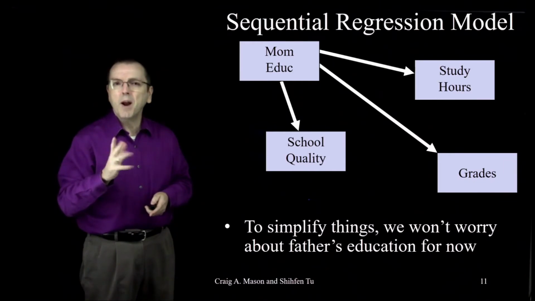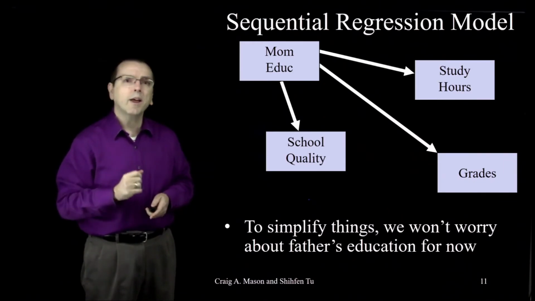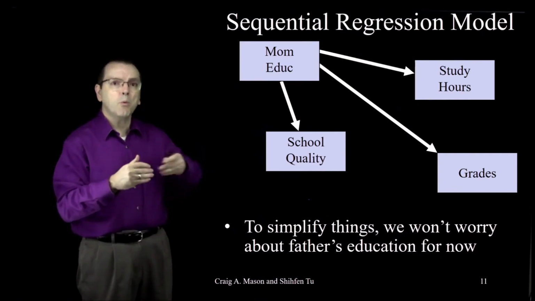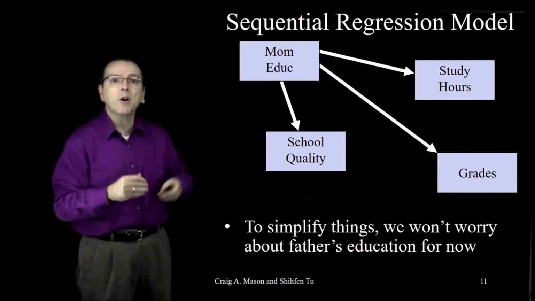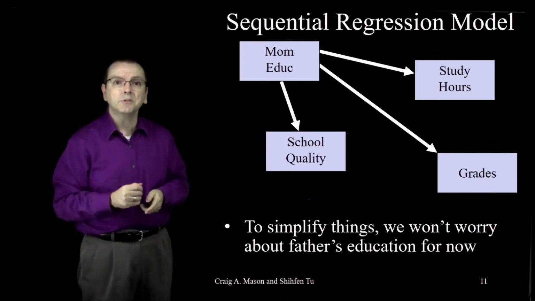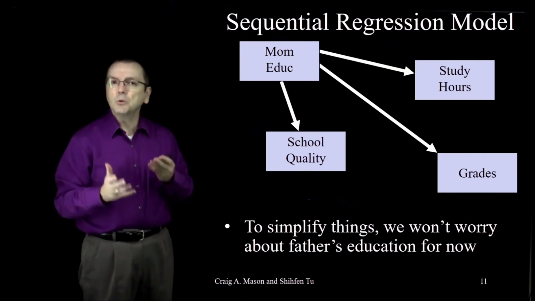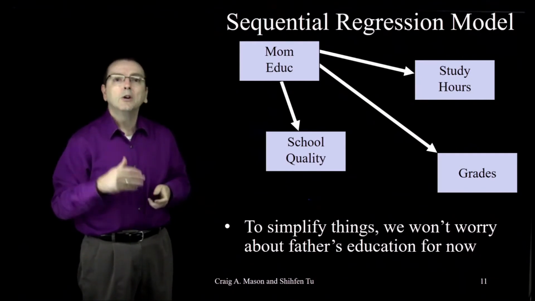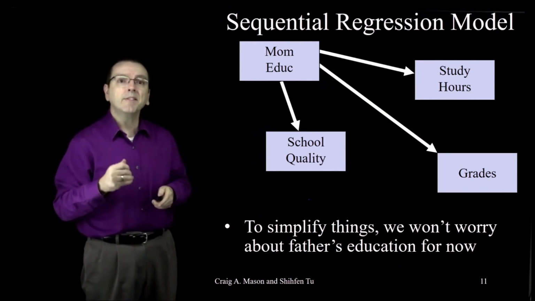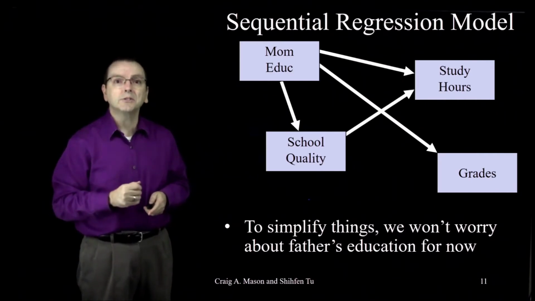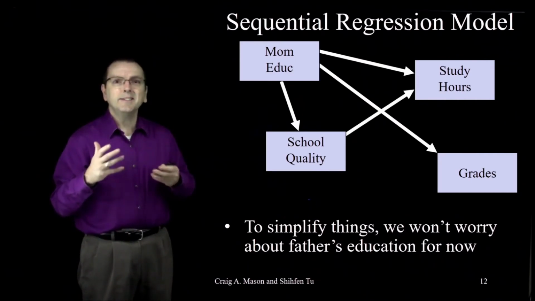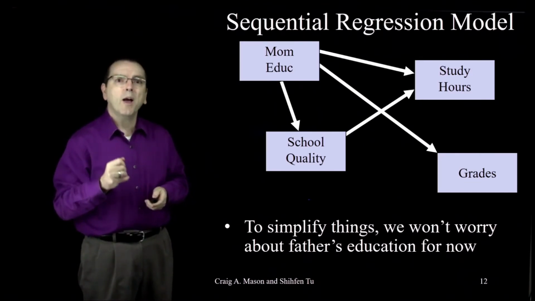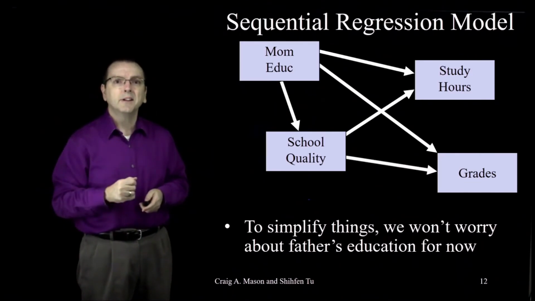Similarly, rather than just being correlated, what if you believe higher quality schools require or inspire more studying by students? Then school quality and study hours aren't just correlated. School quality would be having an effect on study hours. And I think we all assume that school quality also has an effect on grades.